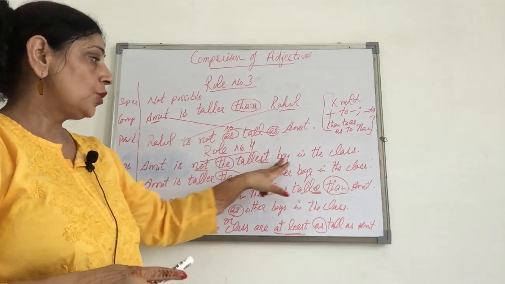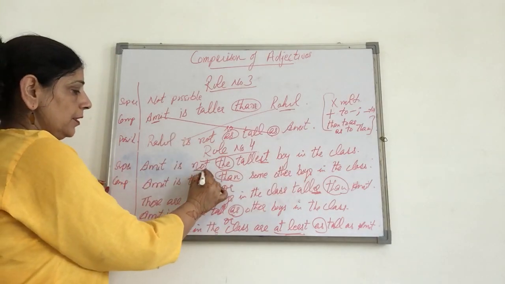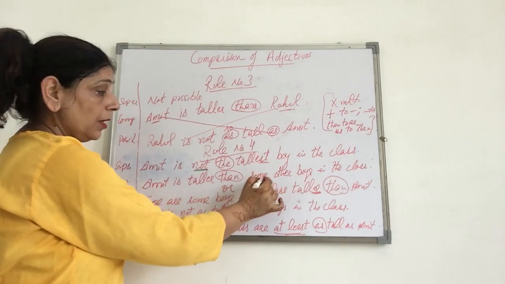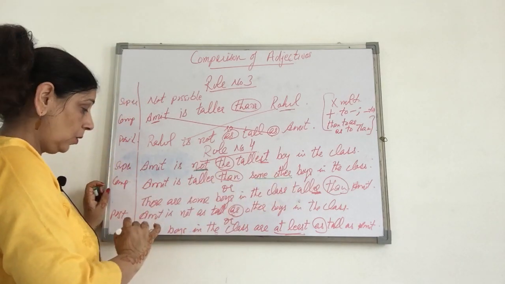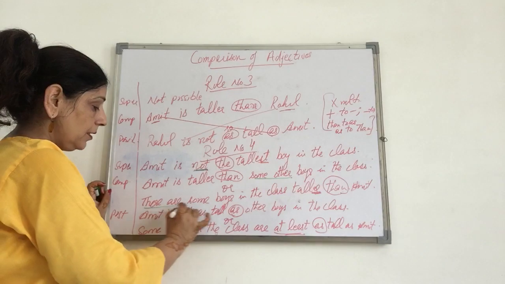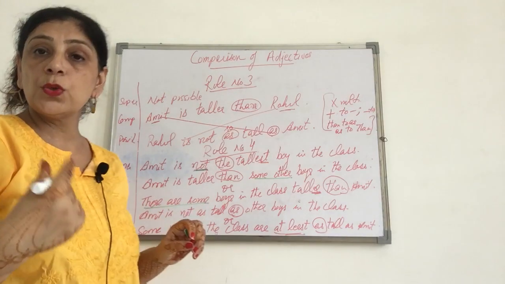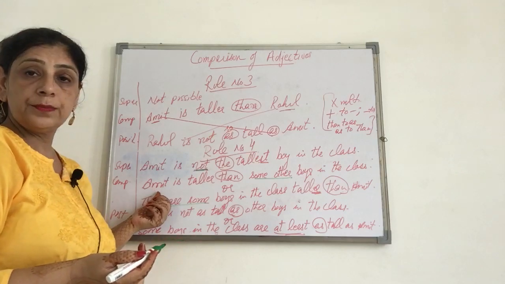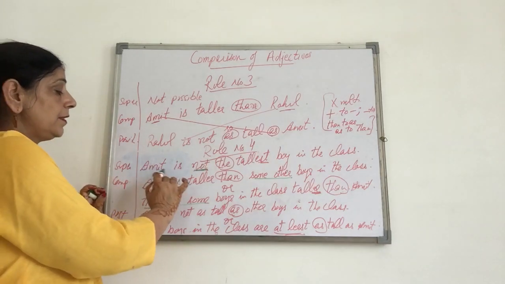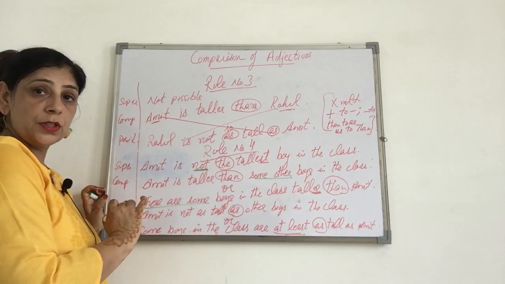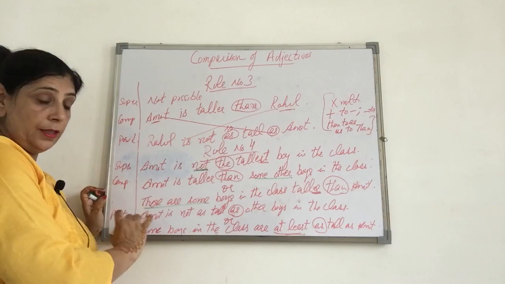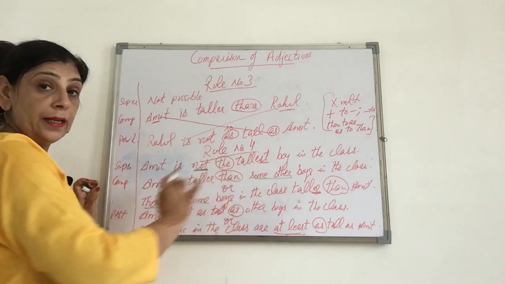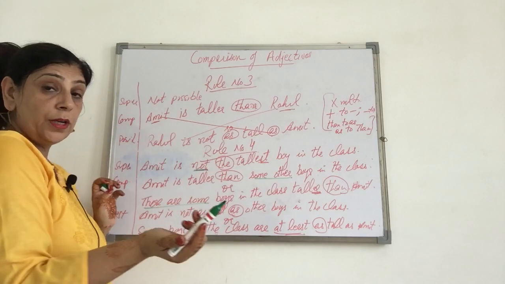Amit is not the tallest boy in the class. The negative word is given for rule number 4. Amit is taller than some other boys in the class, or there are some boys. It depends what is the first word given to you, because in the exam you are always given the first word. Supposing the negative sentence comes, Amit is not the tallest boy, and I ask you to begin with there. Then this will be the sentence: there are some boys in the class taller than Amit. Or maybe I ask you to begin with Amit only.